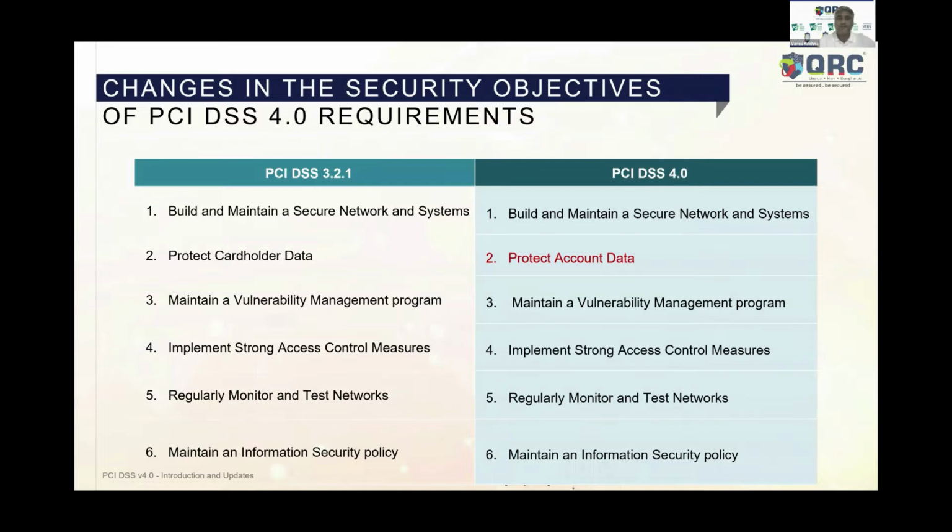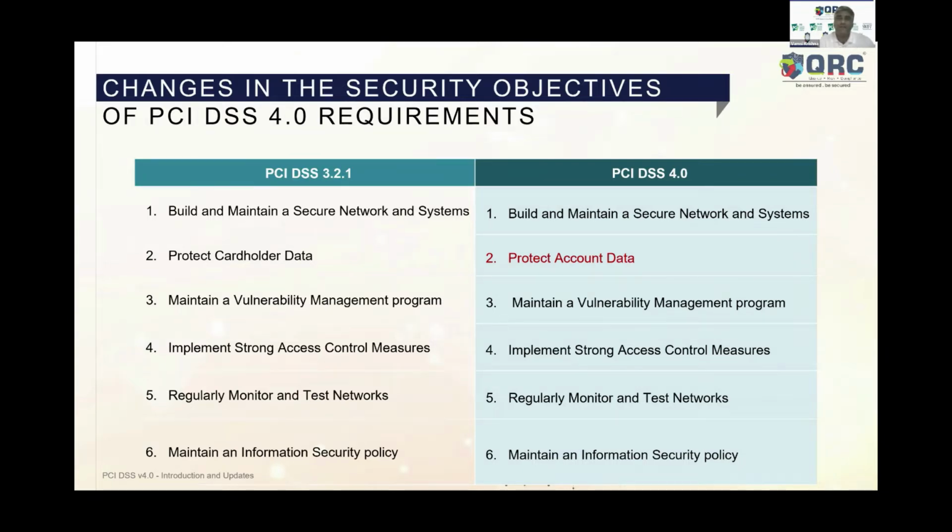Now coming to the main security objectives of PCI DSS. There is not much change except in the second objective. Earlier, in 3.2.1, it was called protect cardholder data. Now it is protect account data. Account data is a combination of cardholder data and sensitive authentication data.